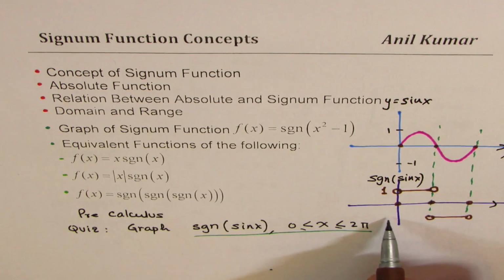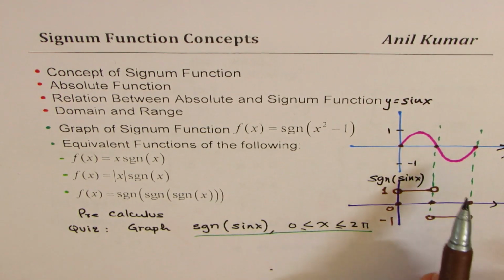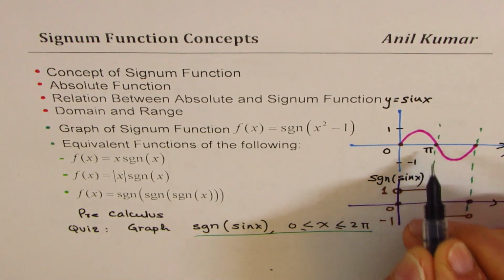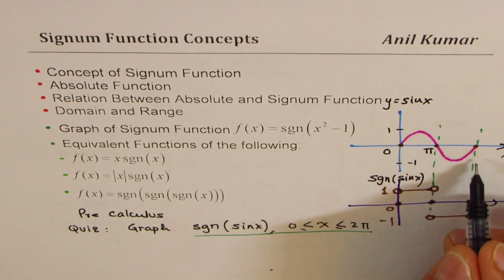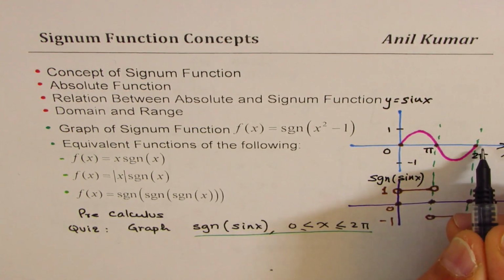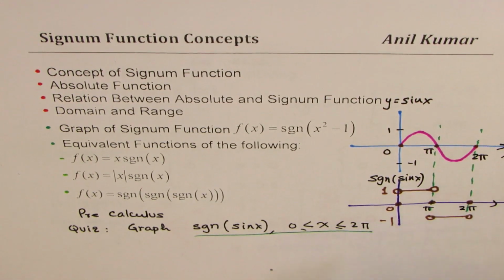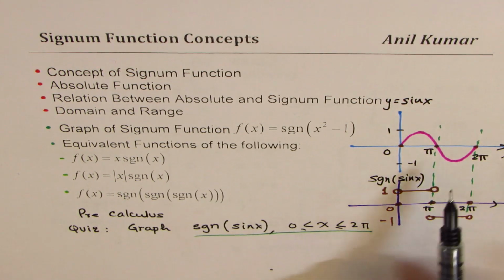So we get +1 or -1, or 0, correct? Depending on the value of x. So if x is between 0 to pi, in that case it is positive, and from pi to 2 pi it is negative, right? Does that make sense to you? So you could sketch the graph, and now you can write the domain and range.